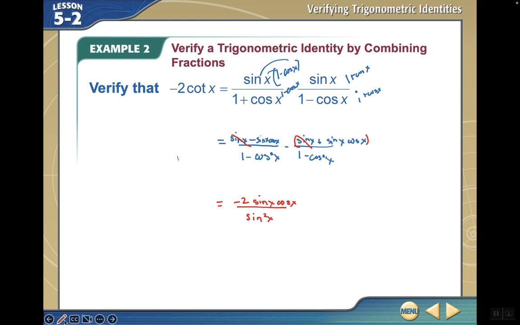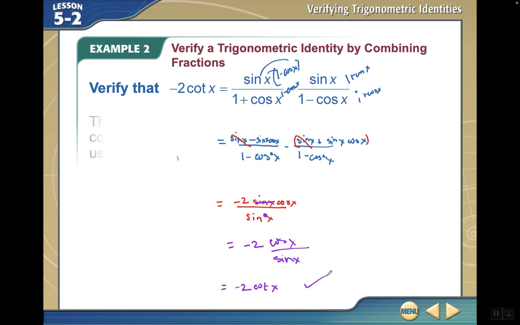So let me grab a different color again, and we'll get rid of this and this one. So now we have negative 2 cosine x over sine x. Well, cosine over sine is cotangent, so we have verified the identity, negative 2 cotangent x.